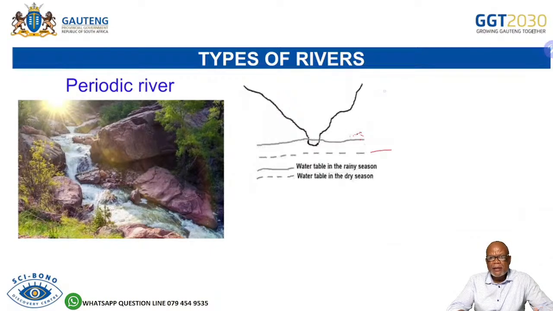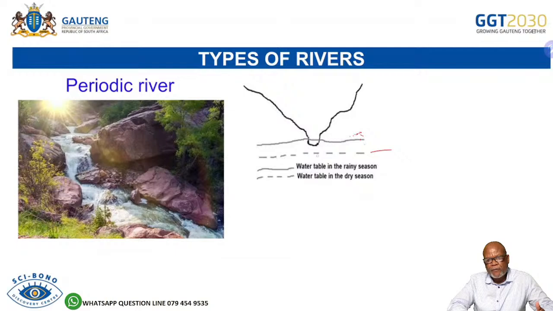But once this rainy season is over, there is no source of water from precipitation. Also, there is no source of water from the groundwater. So it cannot receive water from the water table or through the water table from the groundwater.